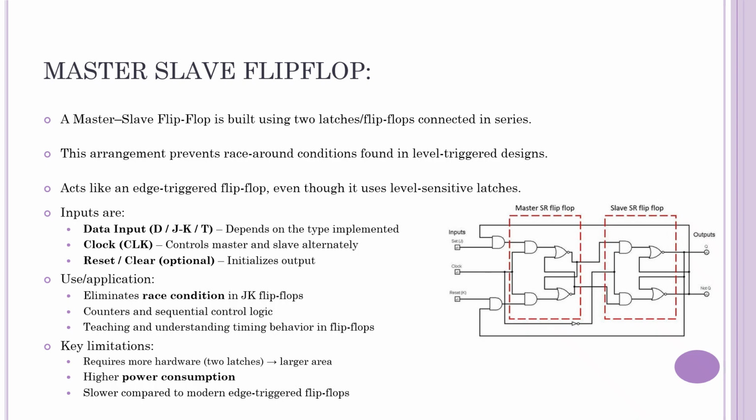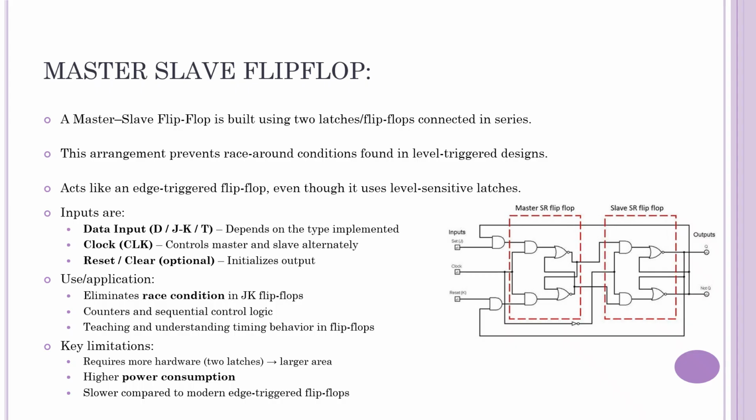This clever arrangement eliminates the race around condition that we saw in the level triggered JK flip-flop. Even though it's built using level sensitive latches, it behaves like an edge triggered flip-flop. Now let's quickly look at the inputs. The data inputs, which could be D, JK, or T, depending on the implementation.